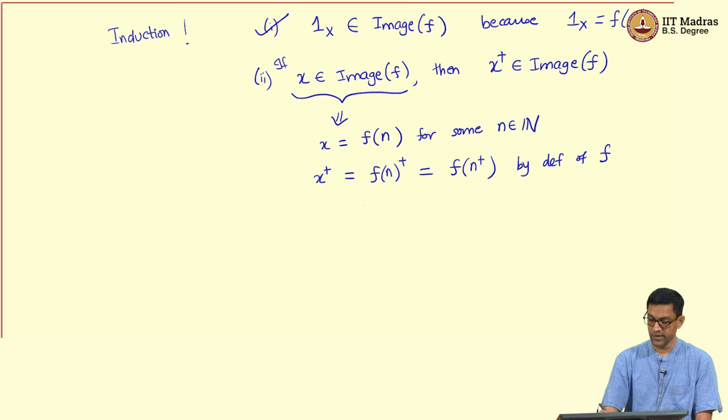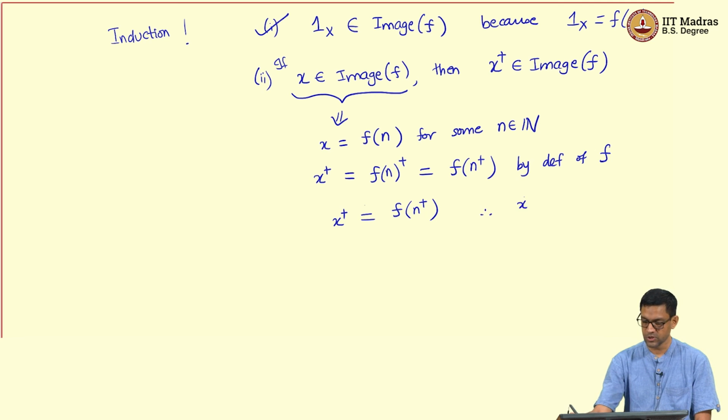Okay. So, now we are done. What this means is that x plus has also been realized as f of something. Therefore, x plus also belongs to the image.